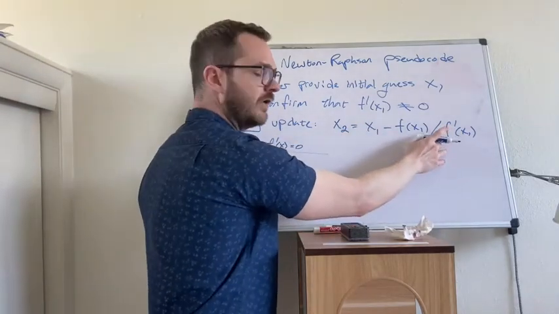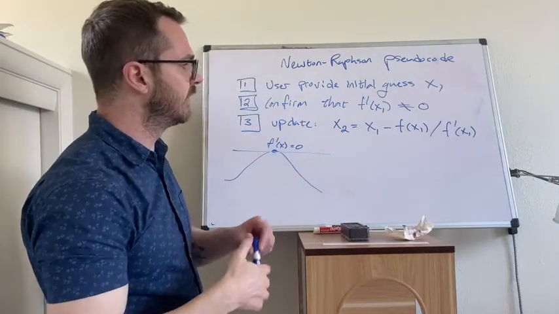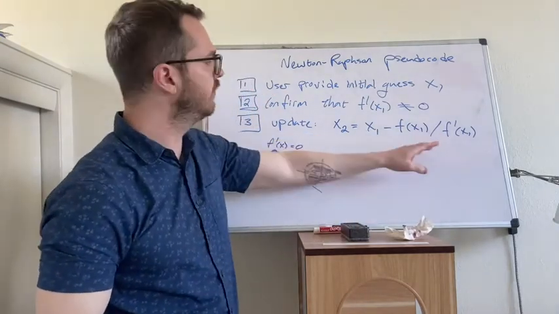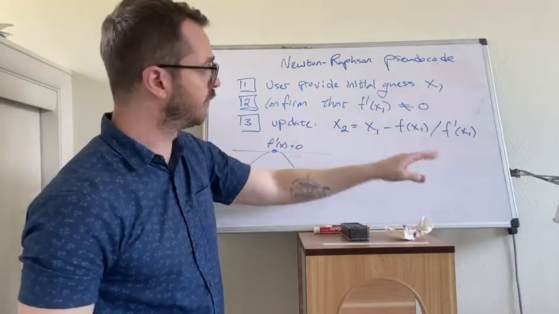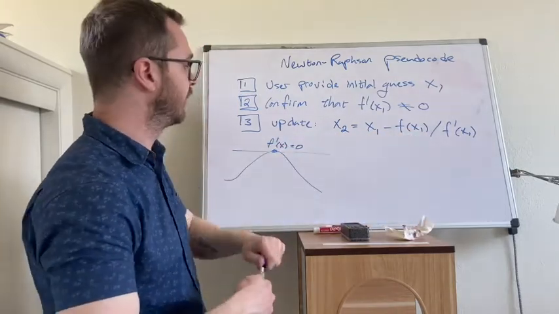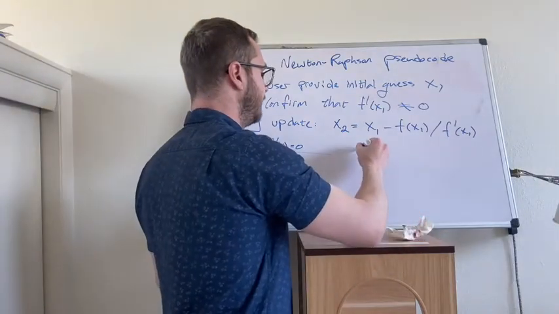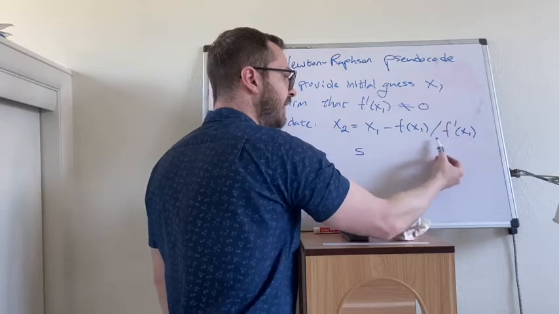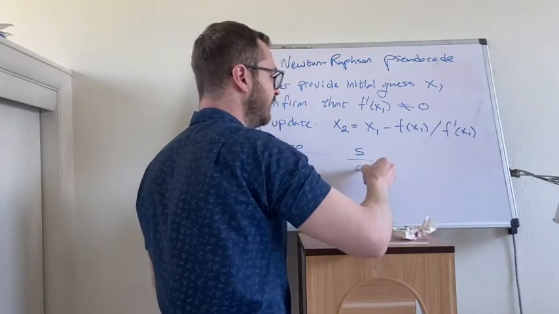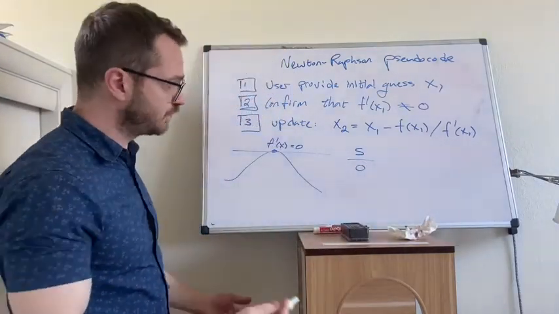Well, the slope is here in the denominator. If f of x is 0, you've found the root, right? So we're going to assume that this is non-zero. So it's just some number, 5, right? f of x is 5. And let's say at this point, f prime is 0.